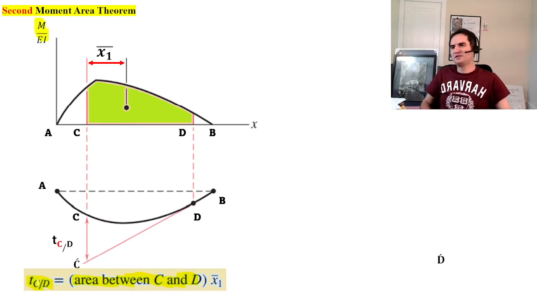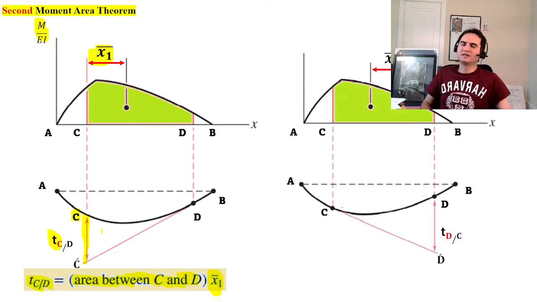T tangent of C with respect to D is equal to the area between C and D times x1, and x1 is calculated from the vertical line that passes through C.